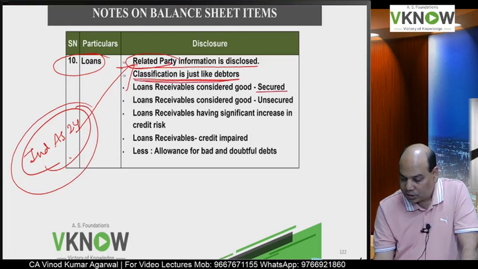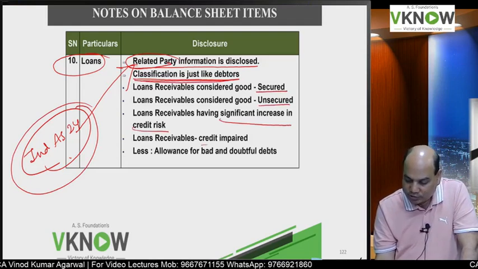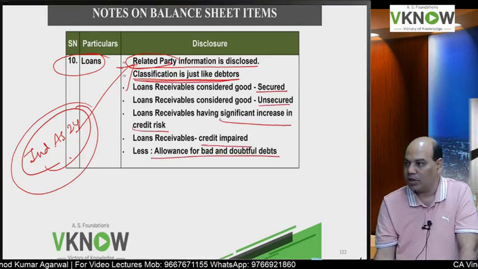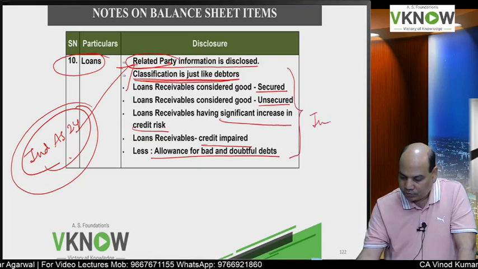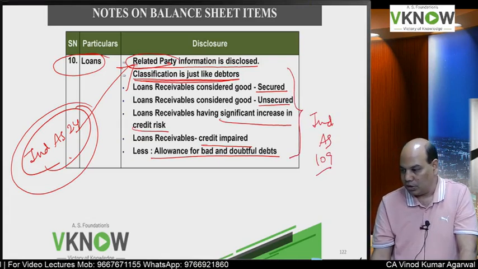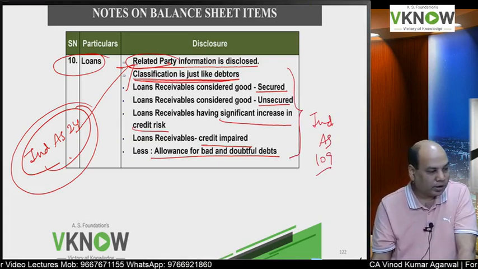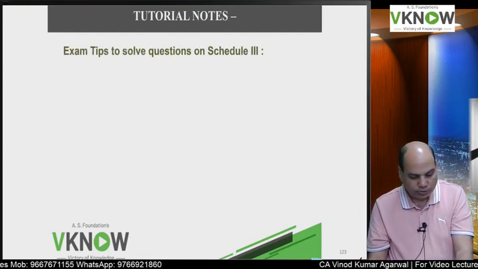For example, secured, unsecured, significant increase in credit risk, credit impaired, allowance for bad and doubtful debt. Again write here for this portion, also refer Ind AS 109. Keep writing. Okay. When you revise, you will find it useful.